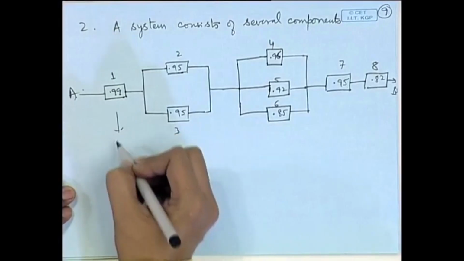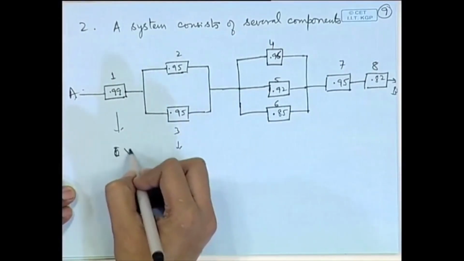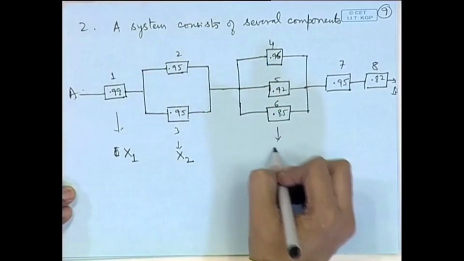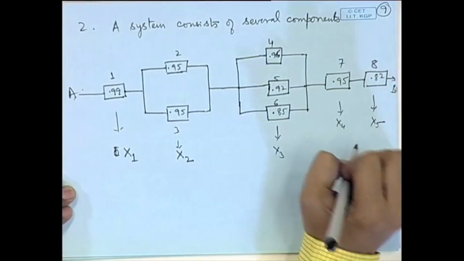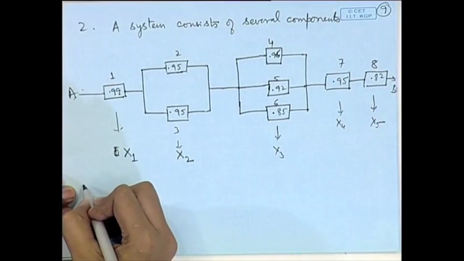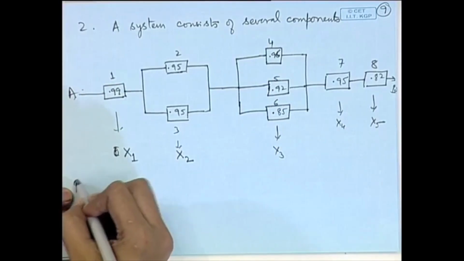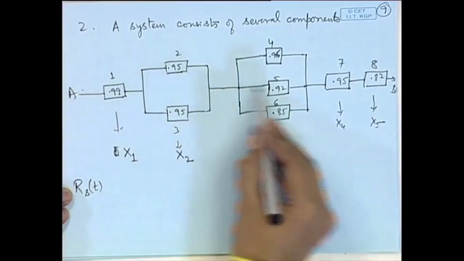Let us name these systems: say this system life as X1, this system life as X2, this system life as X3, this as X4, this as X5. So, if we are interested to calculate the reliability of the entire system, now this is a series.